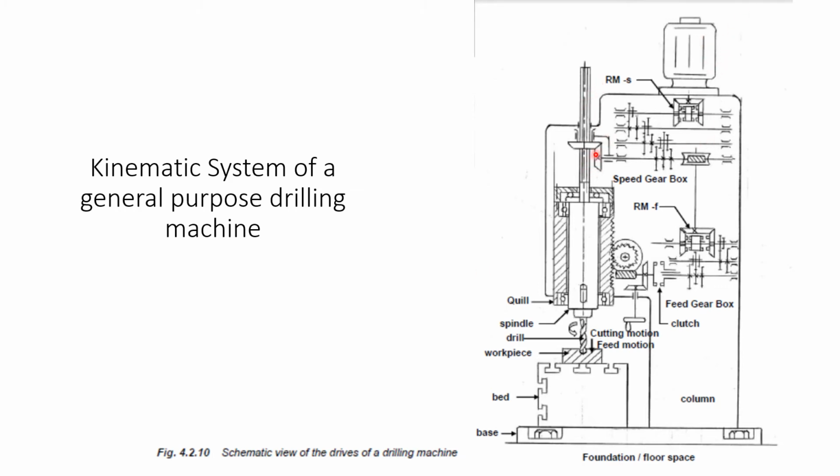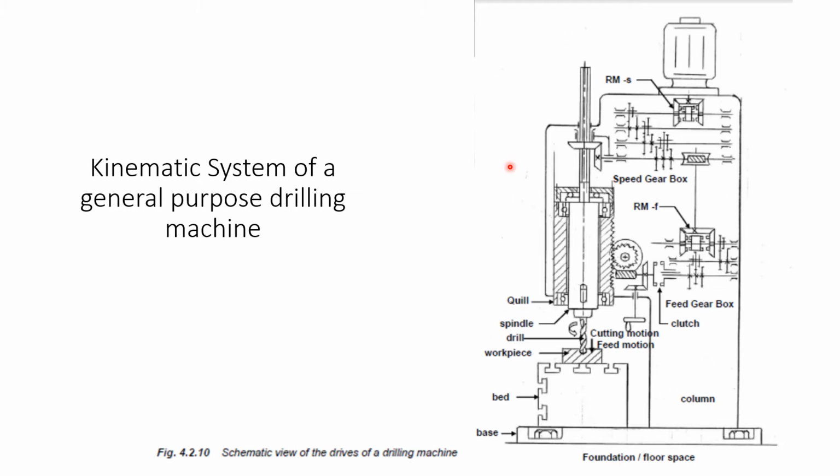This is the spindle. From this motor, from this gear arrangement, the spindle gets the rotary motion. For the same motor speed, the drill speed can be changed to any of the 12 speeds by shifting the cluster gears in the speed gearbox.